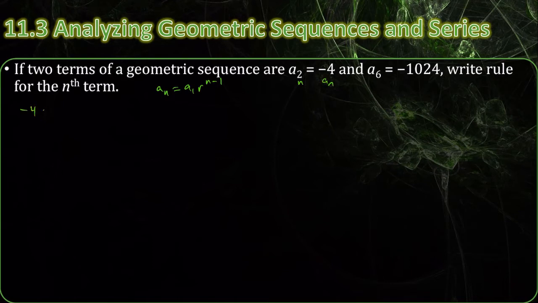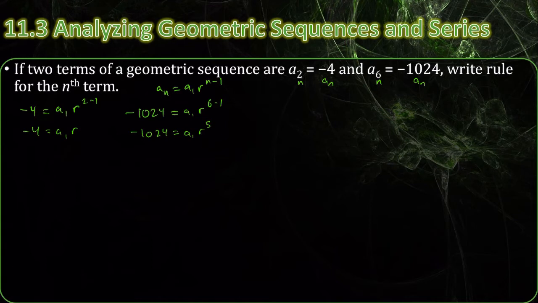So I'll have negative 4 equals a_1 times r to the 2 minus 1, where negative 4 equals a_1 r to the first. The second equation, that would be n and a_n, negative 1024: negative 1024 equals a_1 r to the 6 minus 1, a_1 r to the fifth.